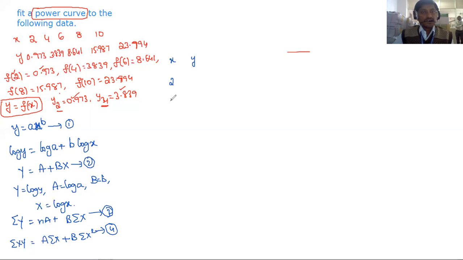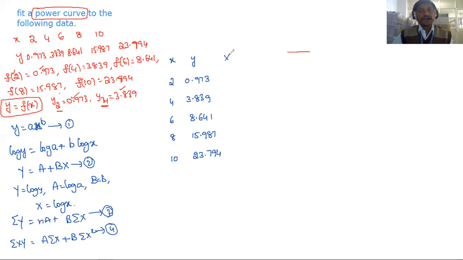That is nothing but 2, 4, 6, 8, 10. These are the values of x, and the y values here are 0.973 and 3.839, and the next one 8.641, and the next 15.987 and 23.794.